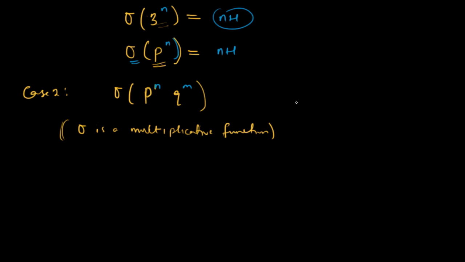For example, if you have sigma of 2 times 3, since sigma is a multiplicative function, it implies that this is the same thing as sigma of 2 times sigma of 3. So when you say something is a multiplicative function, it implies that it can be applied to each of them, and it preserves the multiplication sign, in short.